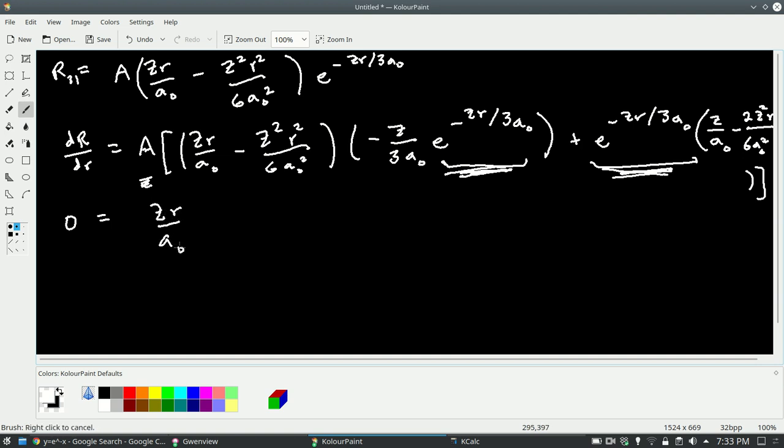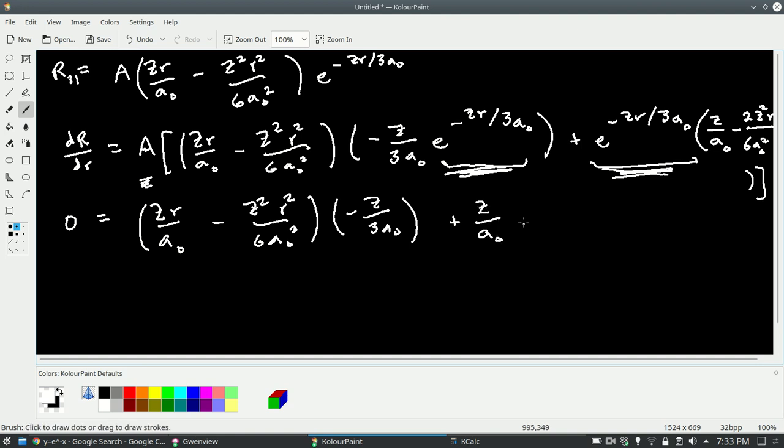So then now I have zr over a naught minus z squared r squared over 6a naught squared times minus z over 3a naught plus z over a naught minus, now this 2 cancels with this 6, so I get 1 on top and 3 on the bottom. So that's z squared r over 3a naught squared.